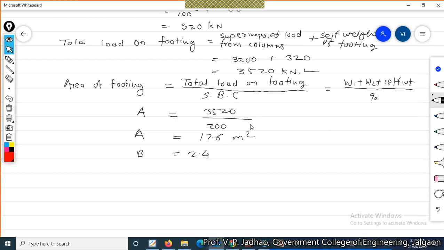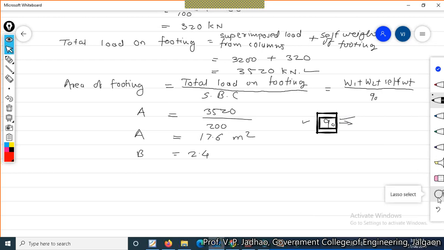Now one thing I wanted to point out is that the value of safe bearing capacity Q0 is not automatically known. You have to obtain it by testing at the site. Whichever test is required, you do that test and then you get the value of the safe bearing capacity Q0.